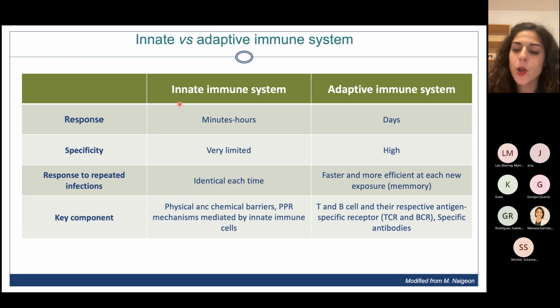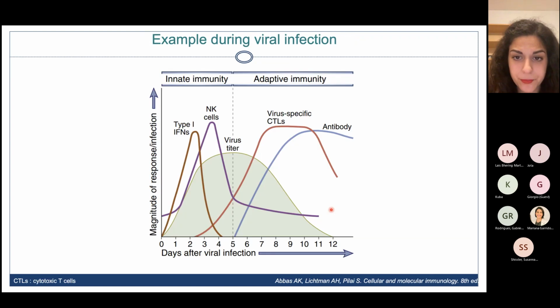In the innate immune system, you have all of the physical and chemical barriers, and the cells that belong to the innate immune system that function with the pattern recognition receptor, while in the adaptive immune system, you have the T cells and the B cells that will have antigen specificity.